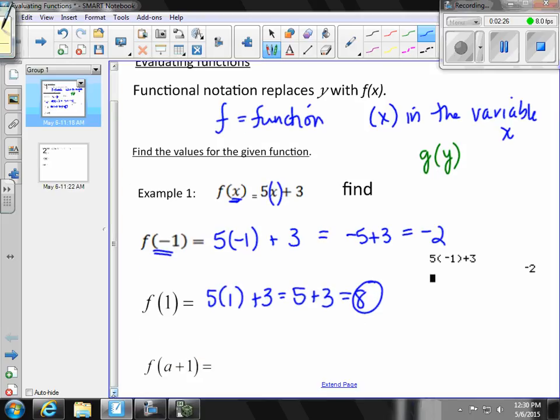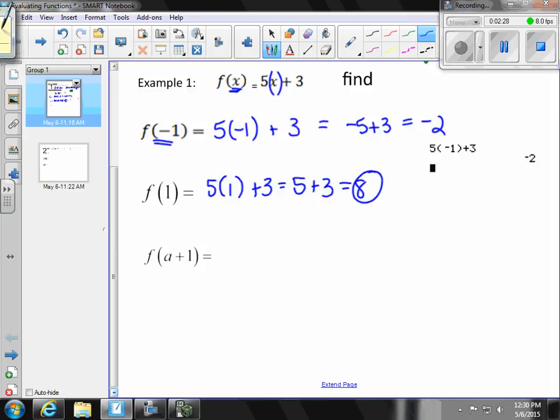I can also substitute in another expression. Again, I'm doing the same thing. I'm going back to my original function. It was 5 parentheses plus 3. And this time, instead of 5x, replacing the x, I'm going to type in a plus 1. If I want to simplify, I'm going to use the same rules that I always do.